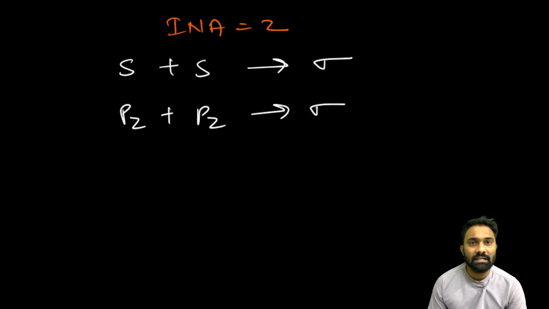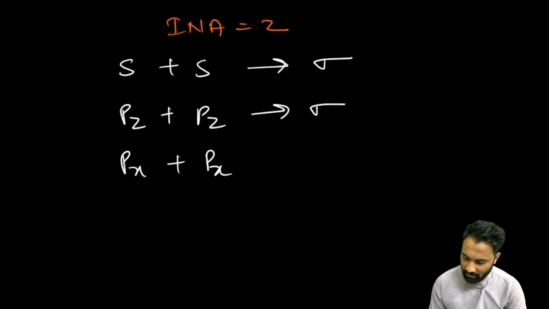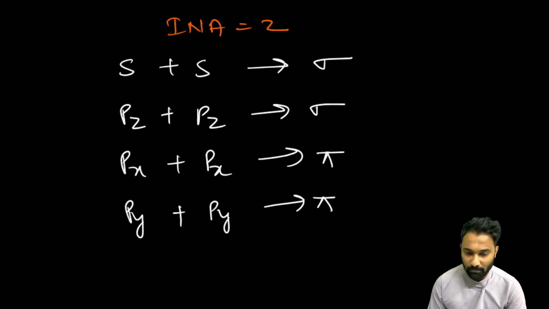As per the NCERT, Z axis only they have considered, so we are also considering it as Z only. Then px orbital and px orbital. This px orbital is perpendicular to the internuclear axis that we have considered as Z, then leads to give the pi bond. Then py orbital plus py orbital overlap leads to give the pi bond.